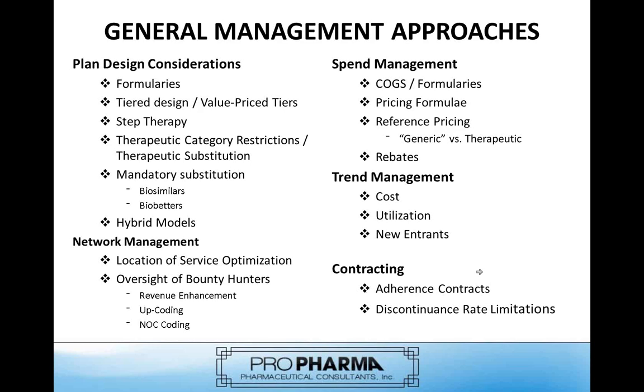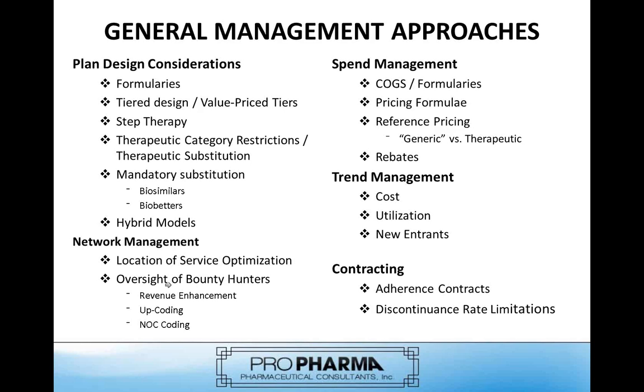So there are contracts in order to try and deal with it if the drug itself is so toxic or difficult to handle that people are not sticking with it. Well, what that leads to is overall network management, meaning who's doing the best job. Namely, is a particular hospital doing better than other hospitals? Is a particular physician doing better than other physicians?